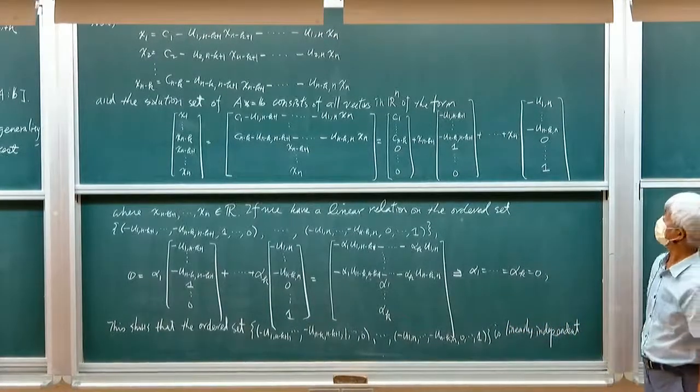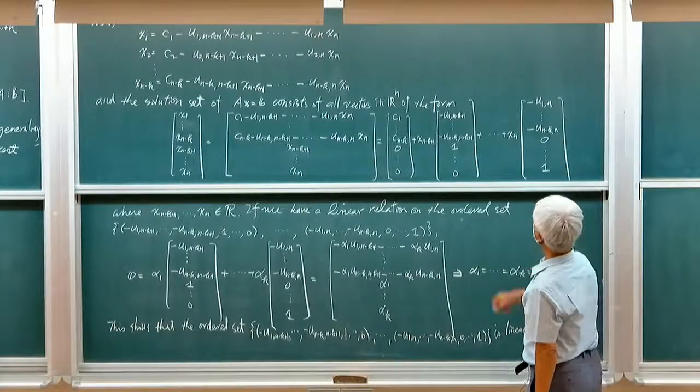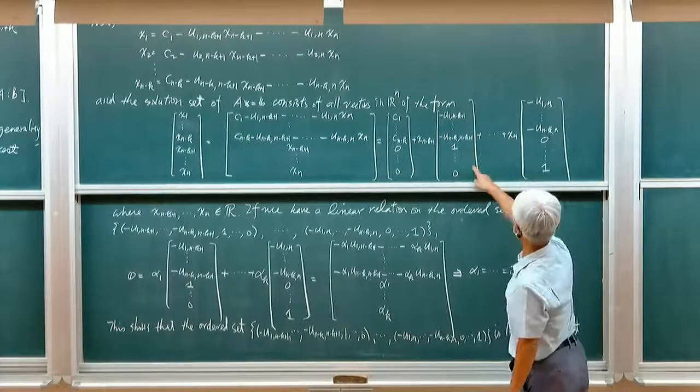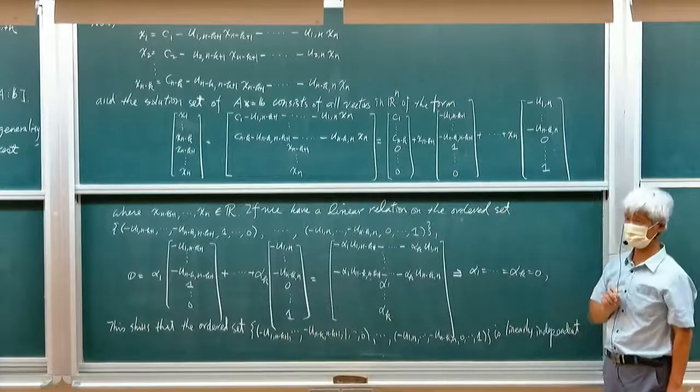So we have shown that these k vectors are linearly independent.